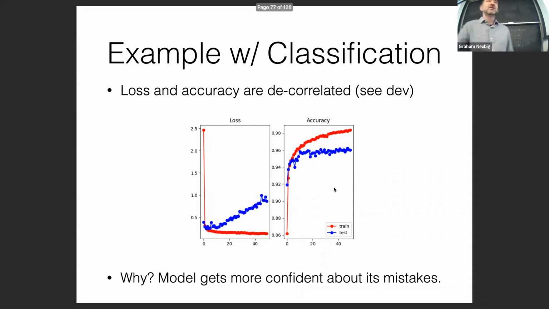Oops, I was going to do a quiz about this, but I accidentally gave away the answer. The reason why this happens is because the model gets more and more confident about its mistakes. Just to give an example, let's say we have training and we have true values of 1 and 0.